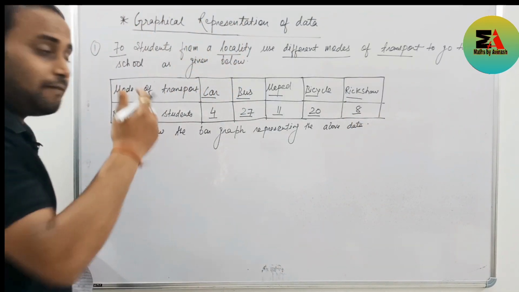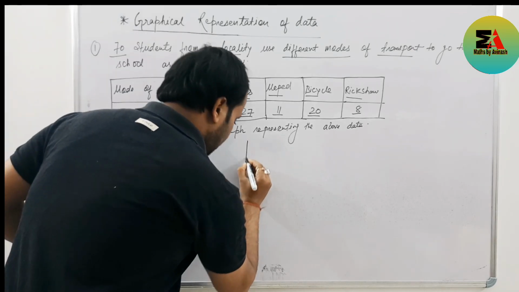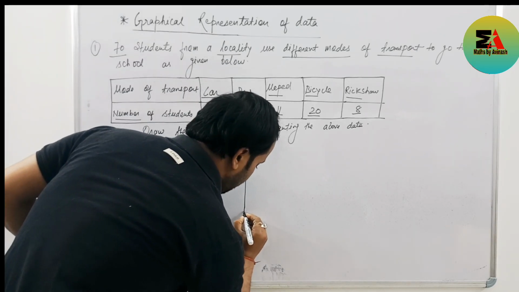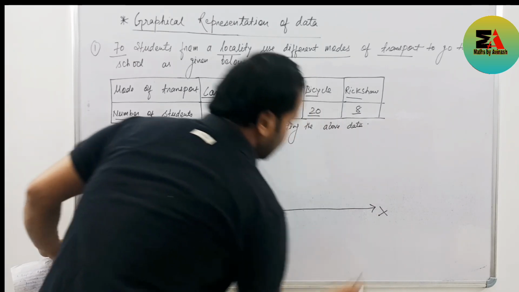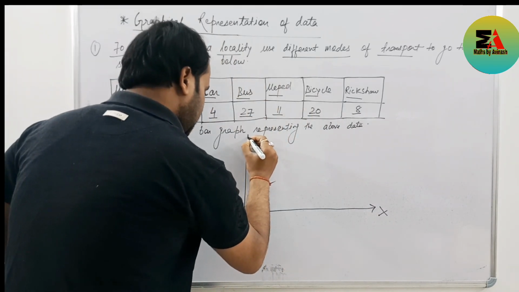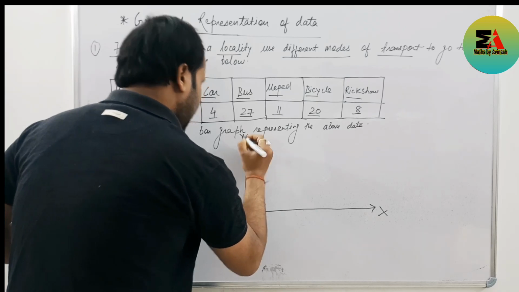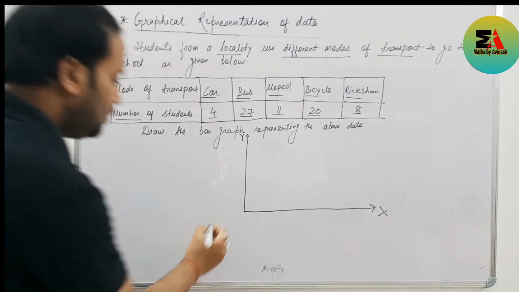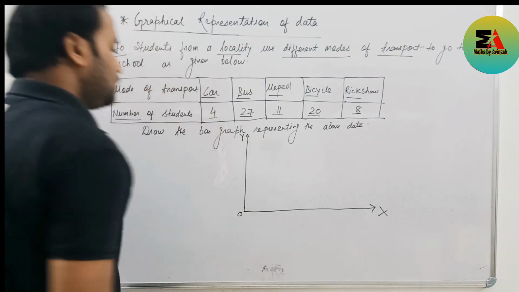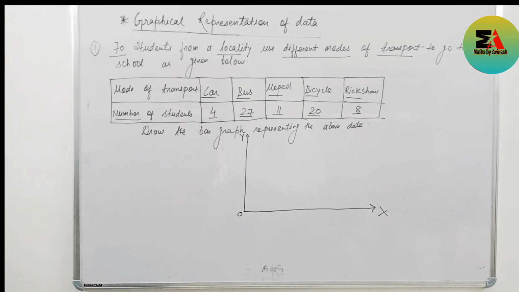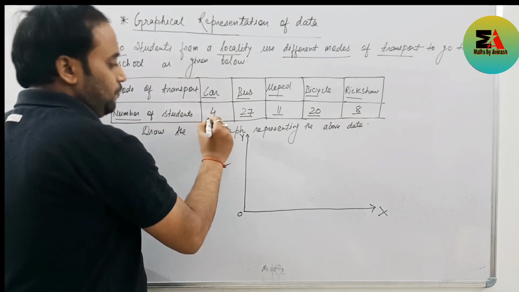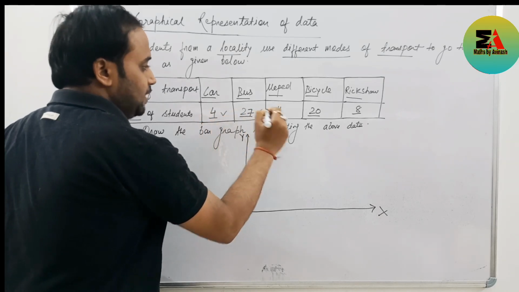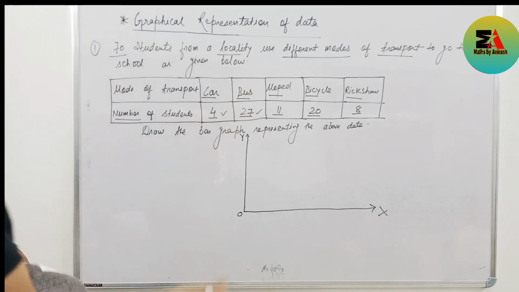Now, how do we represent the above table in a bar graph? First of all, you have to make the x-axis, and this one is the y-axis. I hope that is clear. Our third important point is that we present the frequencies, which are frequencies in height form.